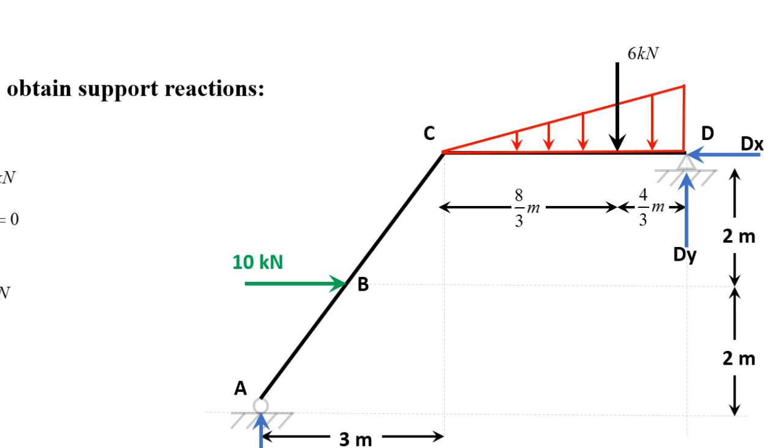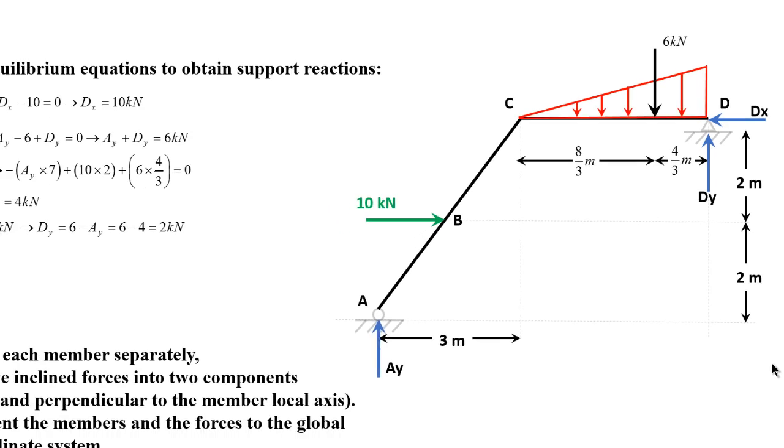The reason is because I'm disassembling these members from this joint C. So I need to know what the internal forces at joint C are that act on the segment AC and the segment DC. Okay, so let's go ahead, and hopefully it's going to be clearer in the next slide.